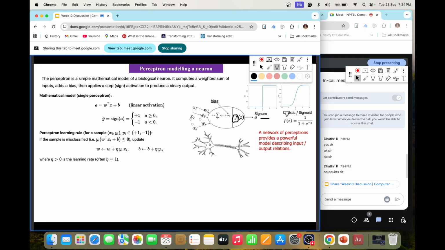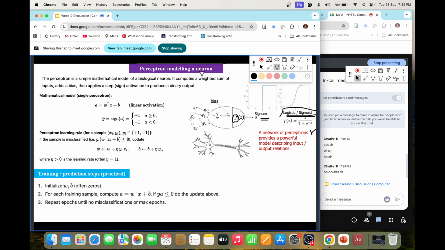One is the signum function, and the second is the logistic or sigmoid function, which we use most often for the perceptron modeling of a neuron. This is the only difference between the perceptron algorithm and the perceptron modeling of a neuron. Other things are very similar.